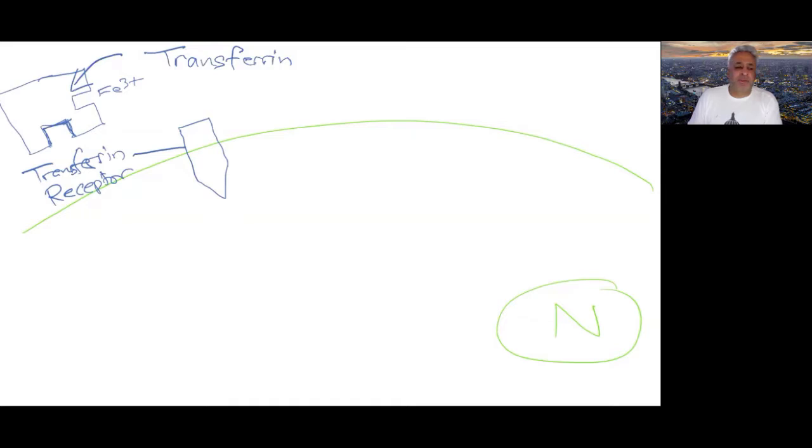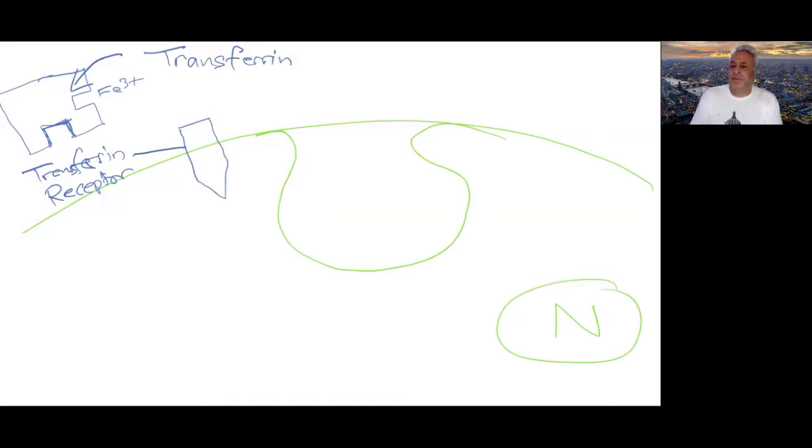The docking of the transferrin with its receptor results in a change in the cell's behavior such that, if we can draw this over here, the complex is internalized into the cell by the formation of an endocytic vesicle.